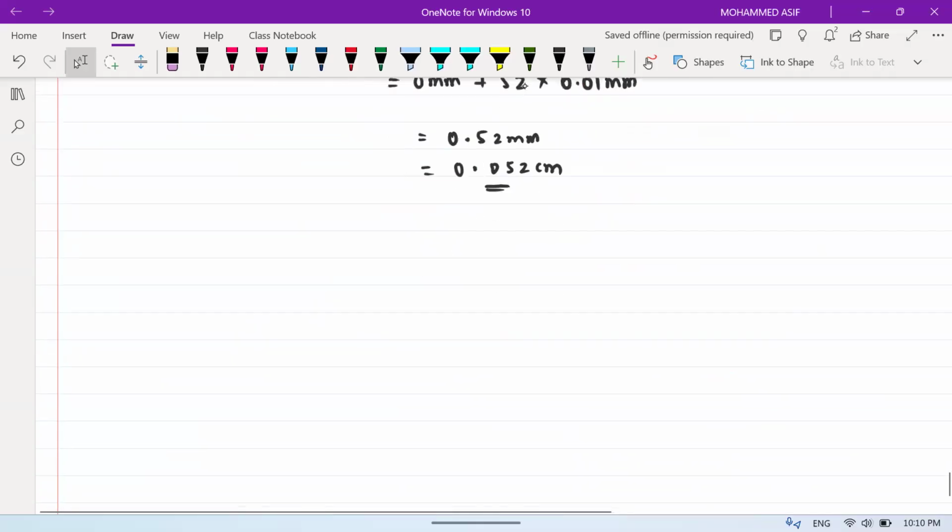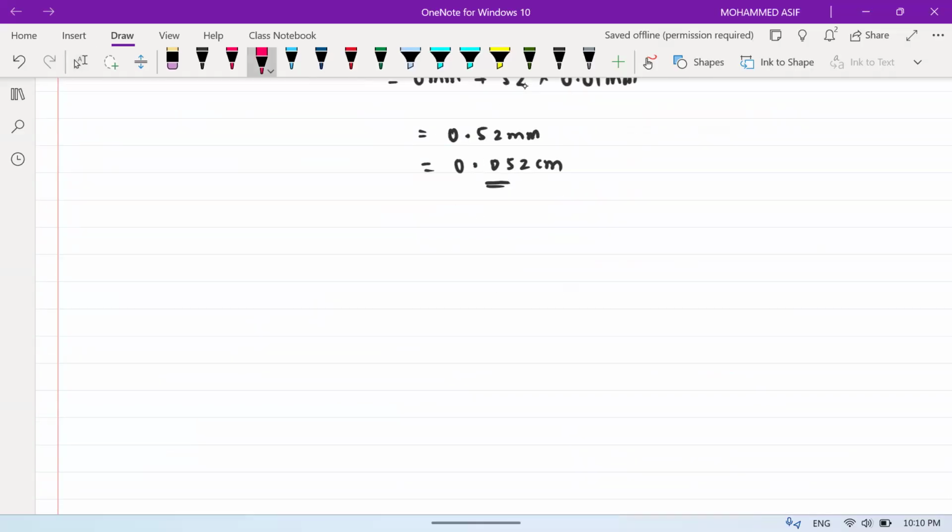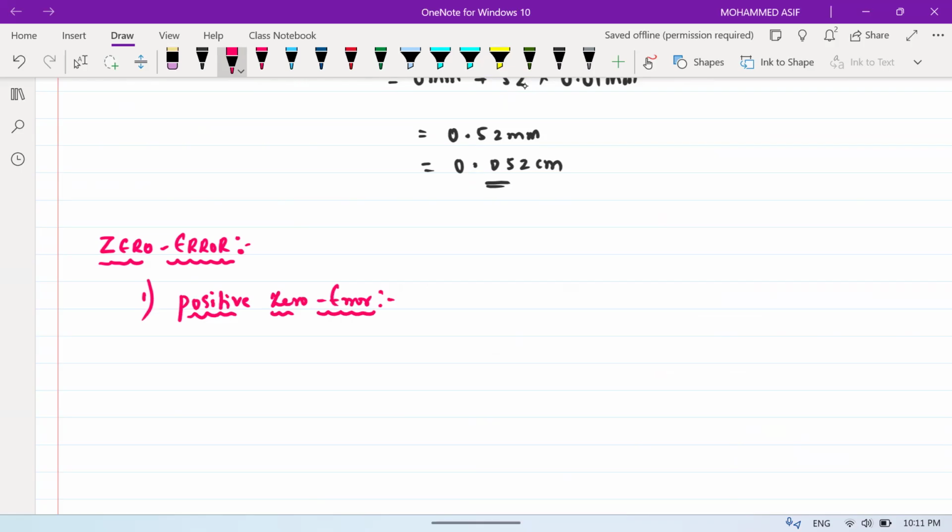Next one is zero error. Zero error is the same as for the vernier caliper. We have two errors in this one. The first one is positive zero error.